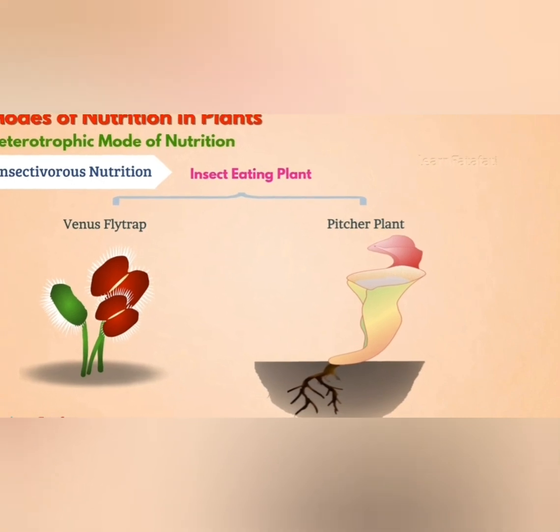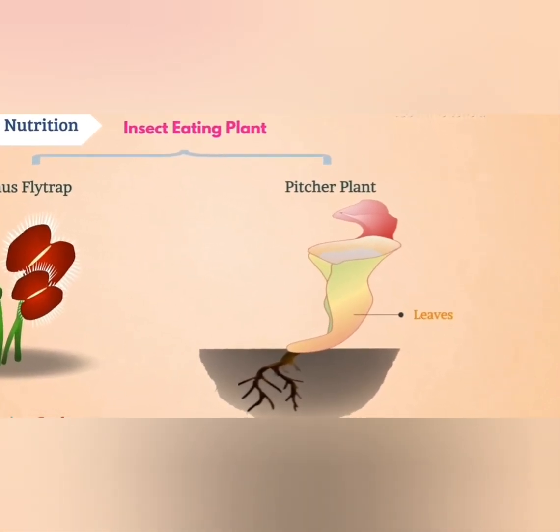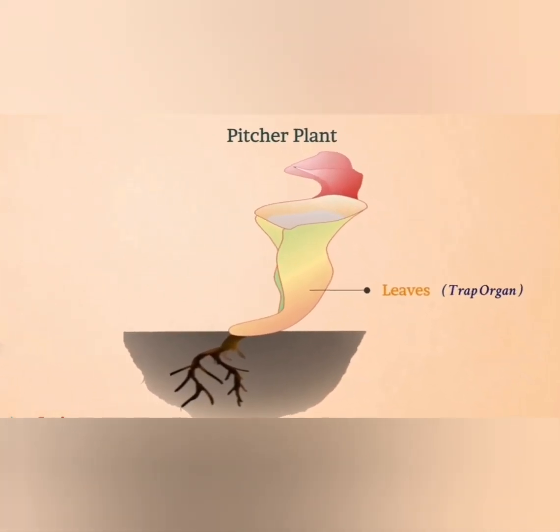In such plants, children, the leaves are modified into trap organs such as the pitcher, which helps in catching the insects.